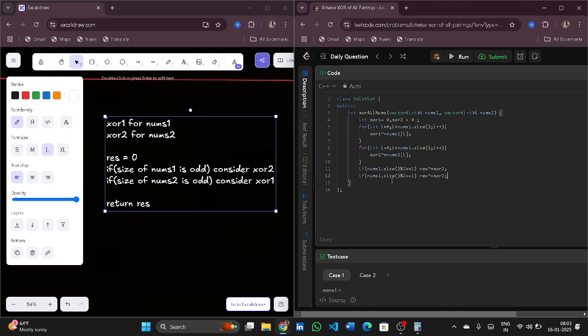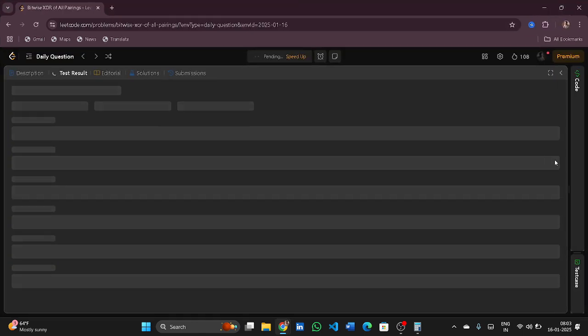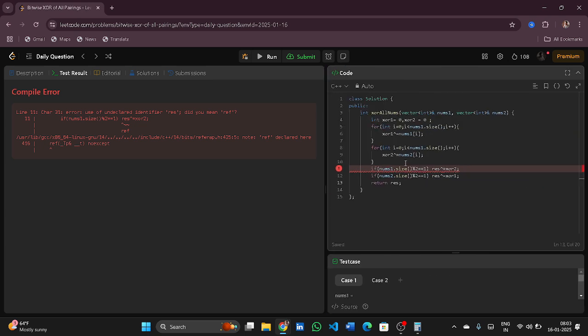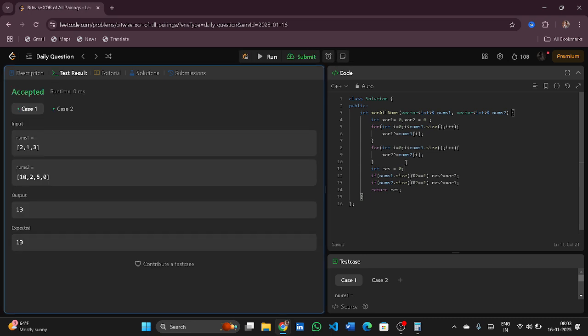The same here, nums2.size, then consider XOR1, and after that return result. I have forgotten it: result is equal to 0.